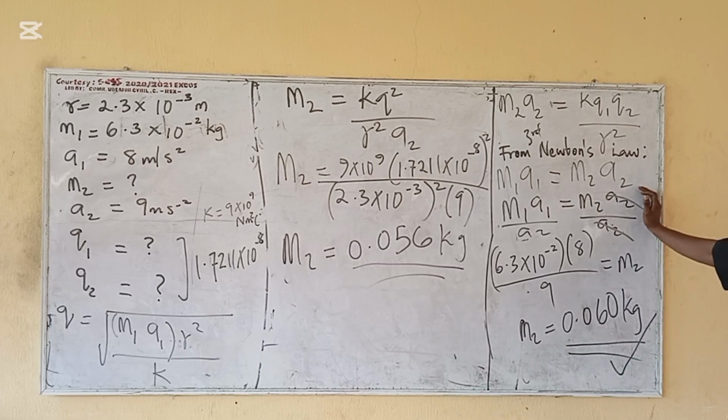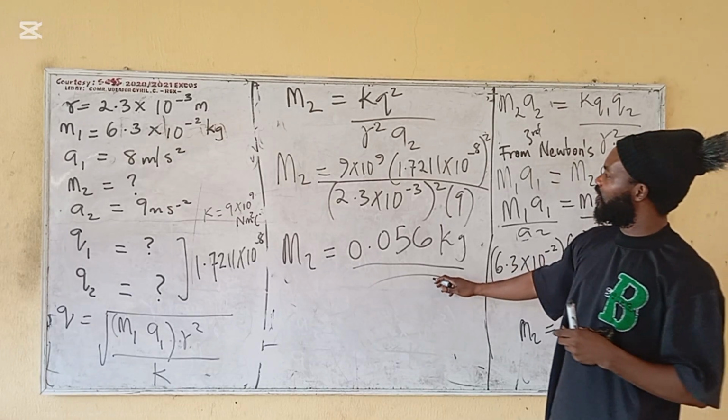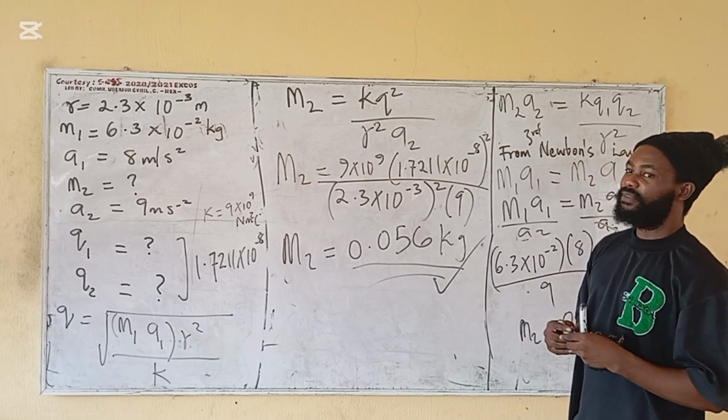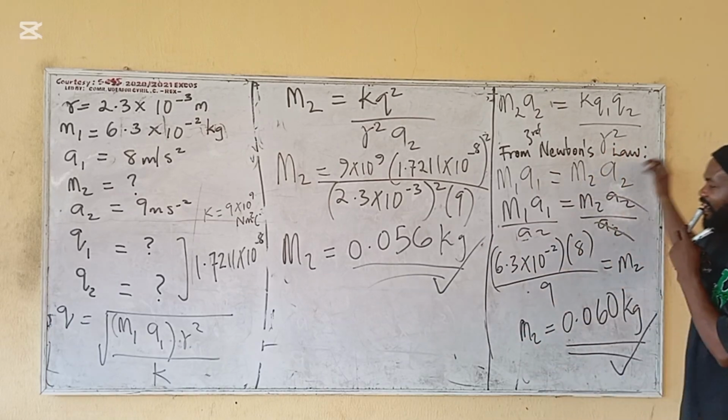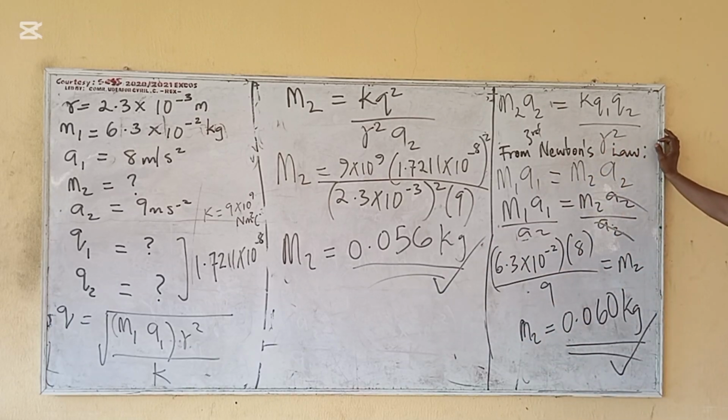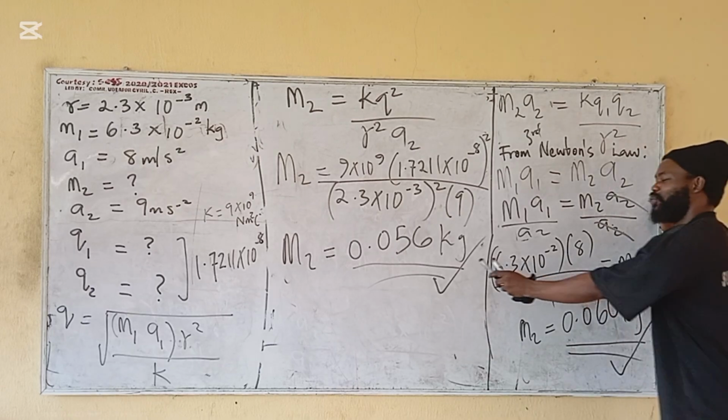Assuming we are not talking about charge, this will work using Newton's third law. But since we are talking about charge, this answer is correct. This should be the correct one. This one gives you approximately the same thing, Shelly. It's to show you that Newton's law works. But please, as my students, stick to this one.